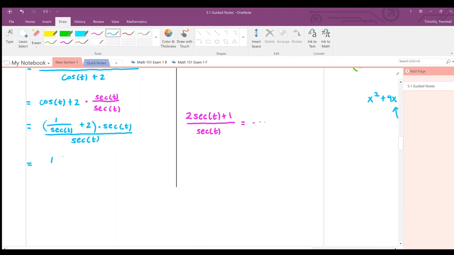So we have 1 plus 2 secant of t, all over secant of t. And if we really want to make it look exactly like this over here, the order of addition doesn't matter, right? Addition is commutative. So we could rewrite this as 2 secant of t plus 1, all over secant of t.